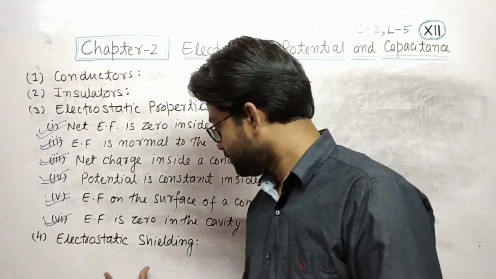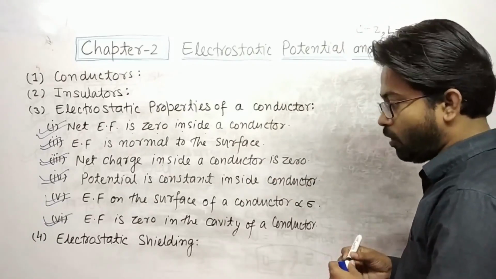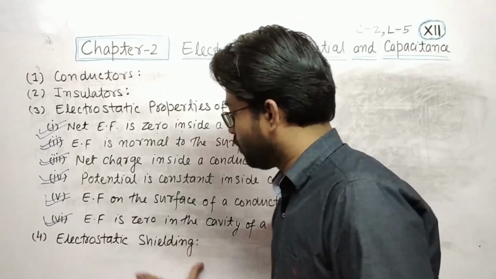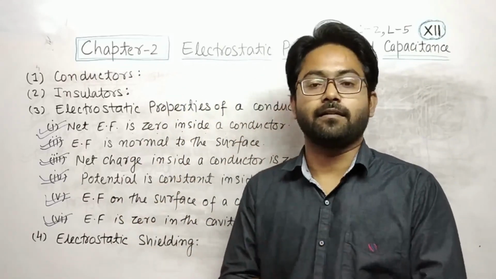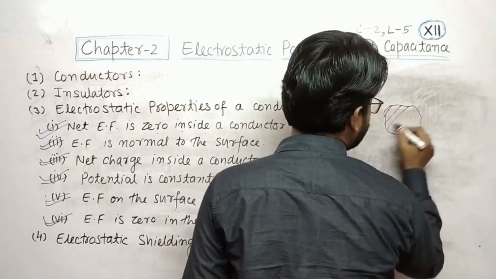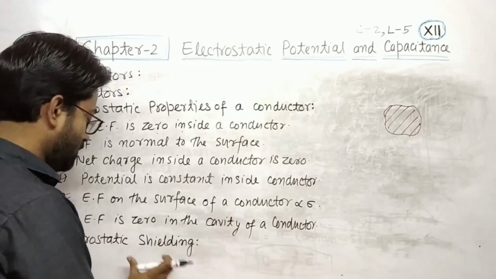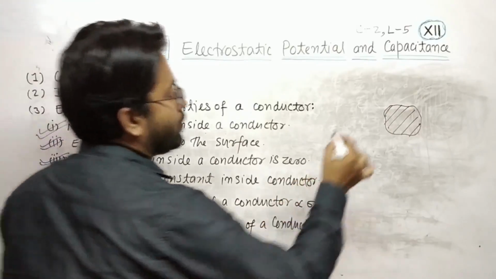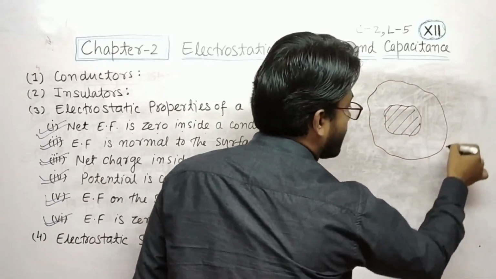We all know that there is no electric field inside a conductor. If there is a system, let us suppose this is a system and we need to cover it from the electric field, we must cover or shield it with a conductor.